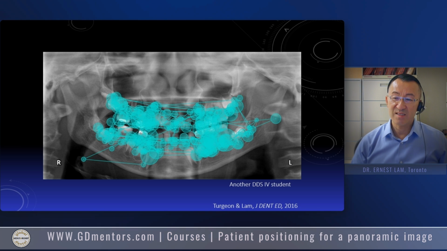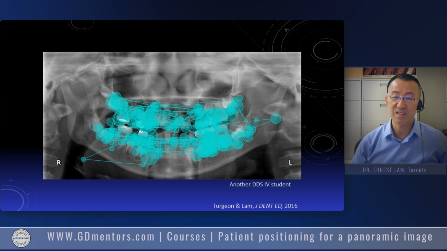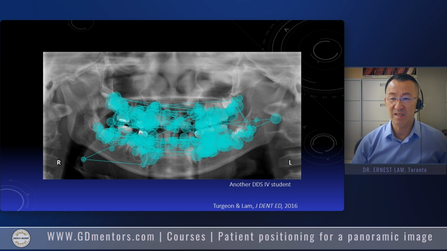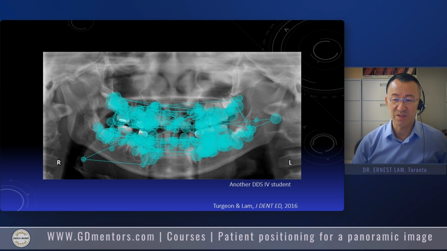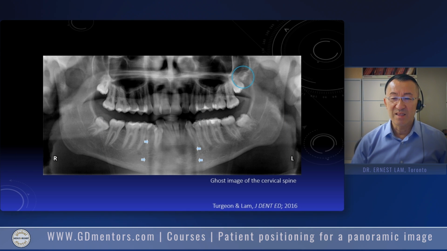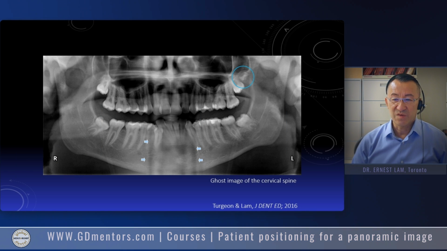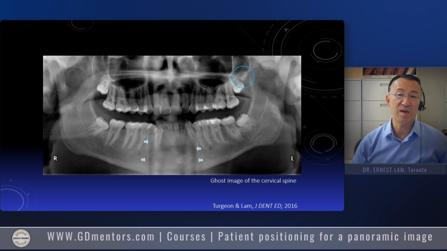In contrast, this student, who underwent the same educational program, seemed only to be interested in the teeth and not really interested in any of the bones that were surrounding the teeth, also found on the panoramic image. This is the ghost image of the cervical spine shown by these blue arrows.